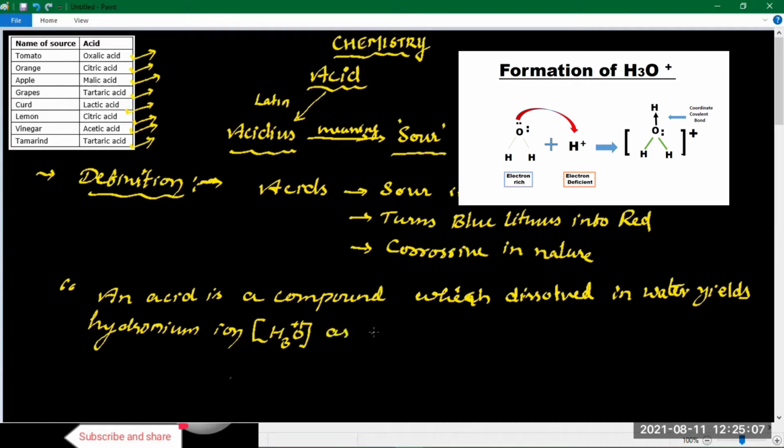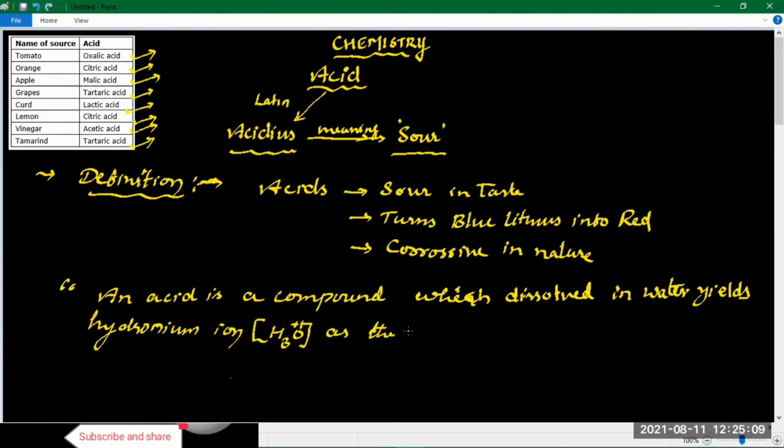Basically, this hydronium ion has the formula H3O plus. This is a radical. Okay, hydronium ion. It is only the positively charged ion.